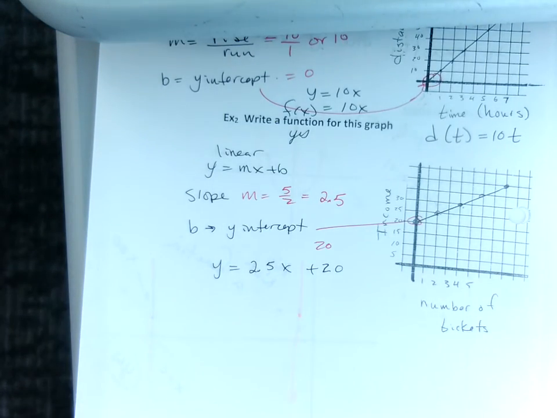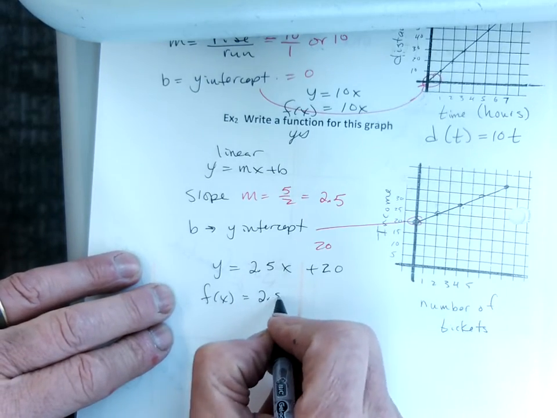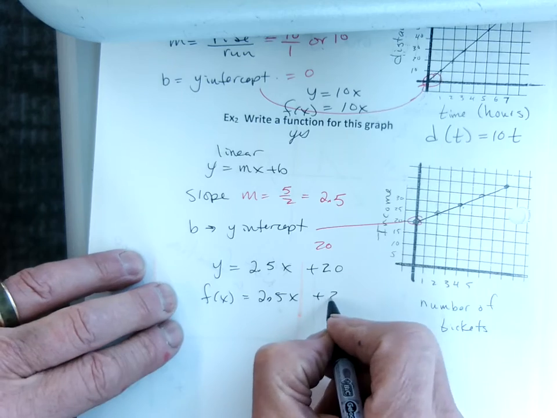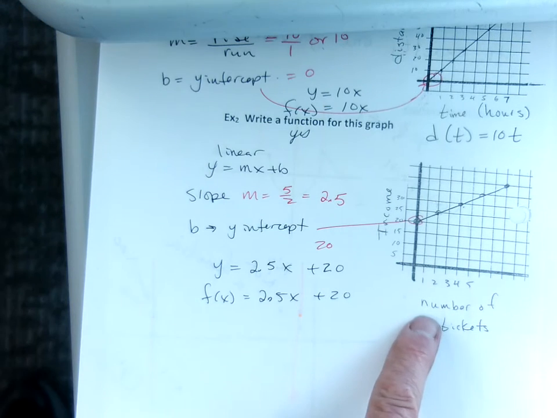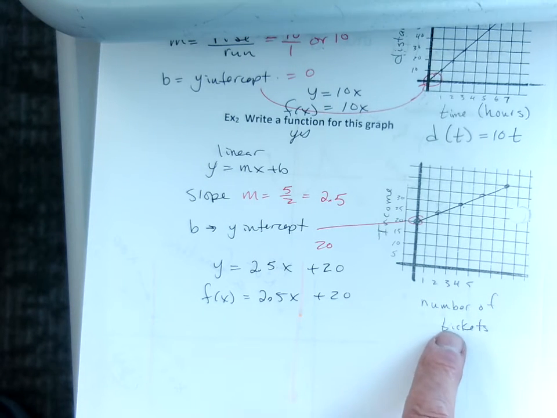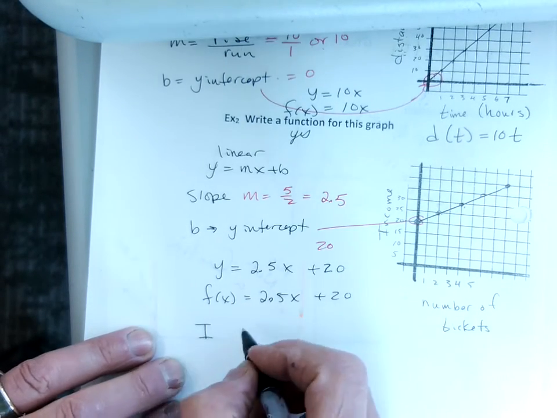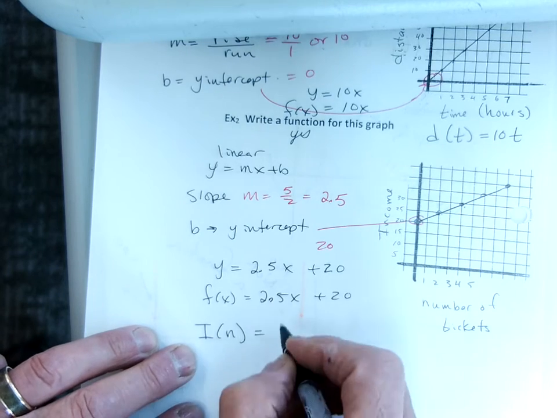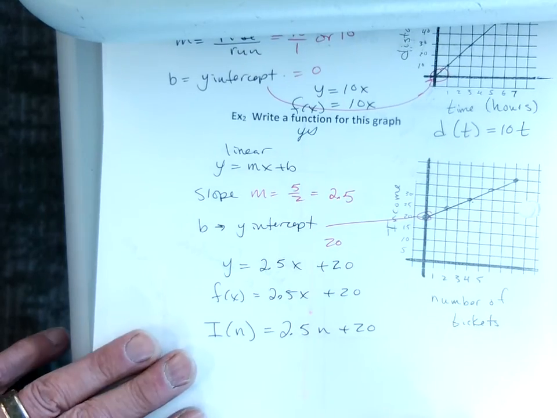But we have to write as a function, right? So f of x, right? So we could go f of x equals 2.5x plus 20, but the problem has nothing to do with x's and y's, does it? What does it have to do with? Number of tickets. Let's use n for number of tickets. You guys okay with that? T oftentimes we use for time. Let's use n. So let's go I of n equals 2.5n plus 20. Okay.